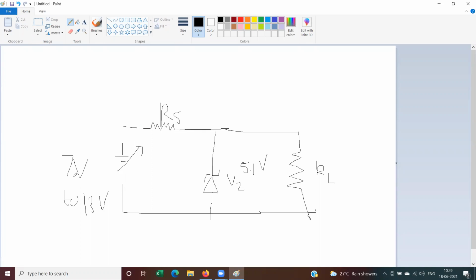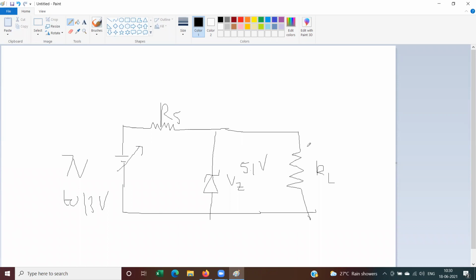But for minor changes of voltage, that should not be reflected here. Do you understand what I want to convey? This load will always see a constant voltage across its terminal. Is it okay? Yes, sir.